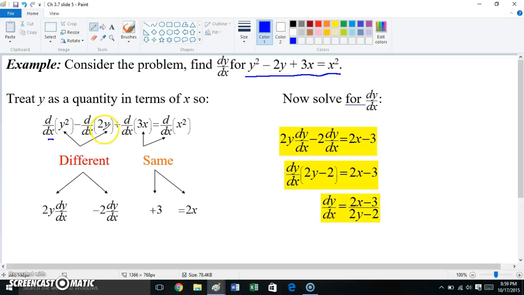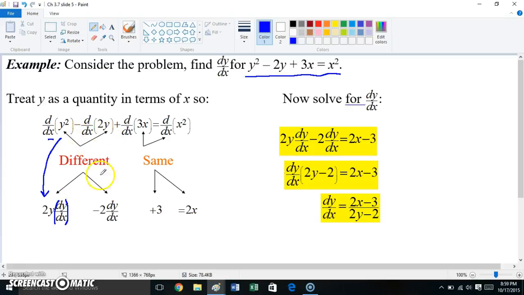The second term, I'm differentiating 2y with respect to x. The variables disagree. In that case, I must apply the chain rule. So the derivative of y squared is 2y. The derivative of y with respect to x is the factor I use when I'm applying the chain rule.